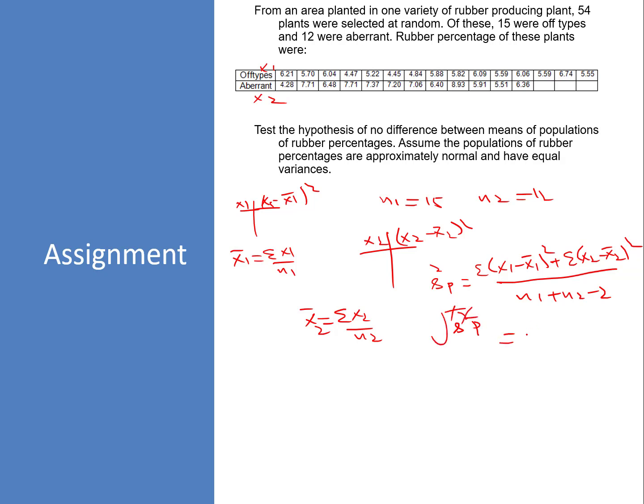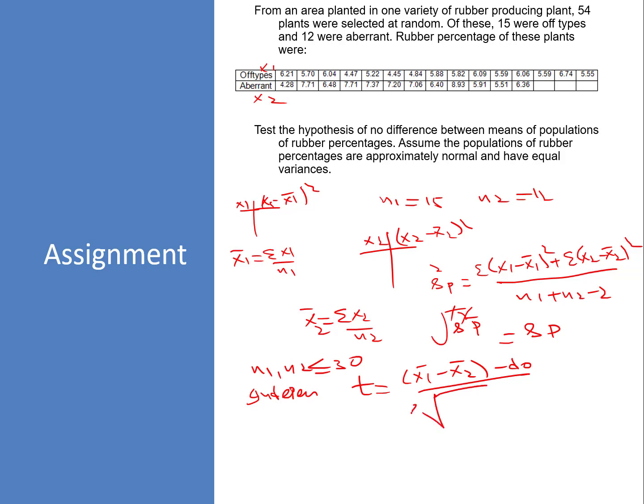When you calculate it, you will get this, and t will be, because n1 and n2 are less than 30 and off type and aberrant are independent, that is why we will use this test: x1 bar minus x2 bar, minus the difference, divided by Sp, the pooled standard deviation, times the square root of 1 over n1 plus 1 over n2.